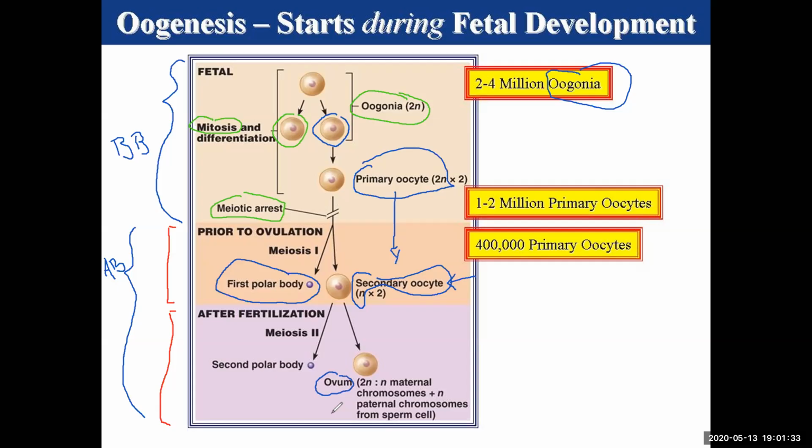Okay. So the ovum technically, like I mentioned earlier, is not a diploid cell. It contains both complements, the maternal chromosomes and the paternal chromosomes from the sperm, but they are in two separate nuclei. The maternal chromosomes are in the nucleus of the ovum, and the paternal chromosomes are in the nucleus of the sperm, right?